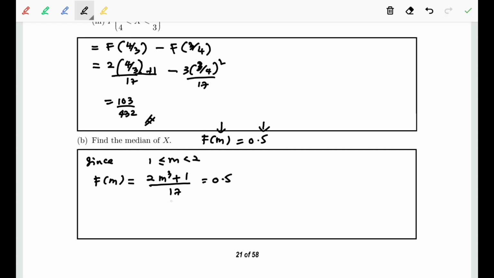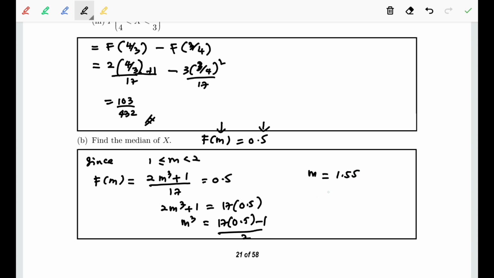So we're going to solve it. 2m cubed plus 1 equals 17 multiplied by 0.5. So m cubed should be 17 times 0.5 minus 1, over 2. That will give you m equals 1.55.